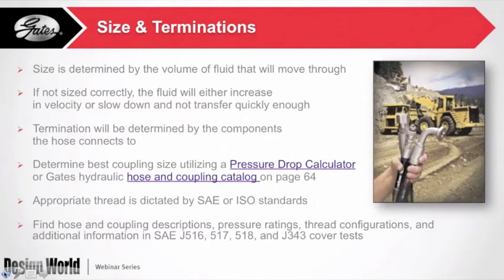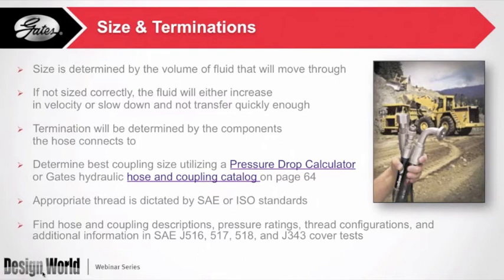To determine the best size of hose and couplings that you will need for your job, whether it be hydraulics, air or pneumatic, or chemicals, you can always consult the Gates.com online pressure drop calculator.